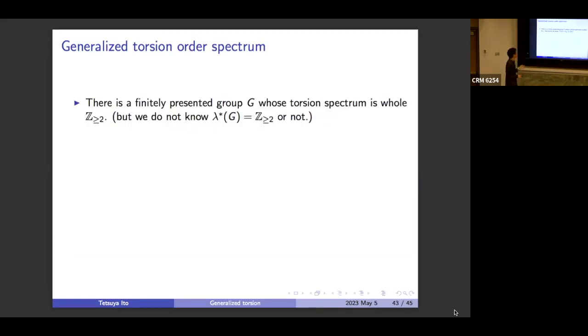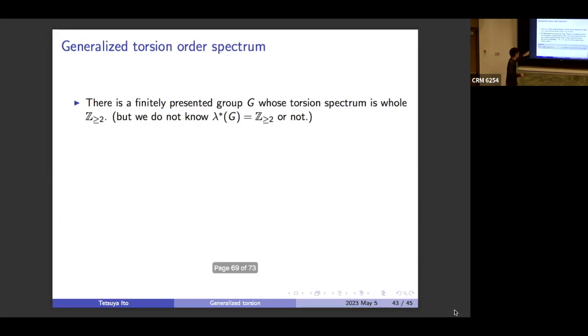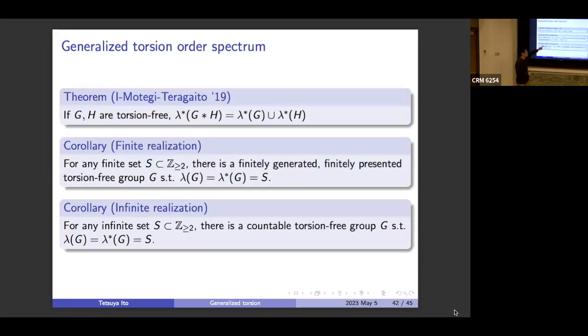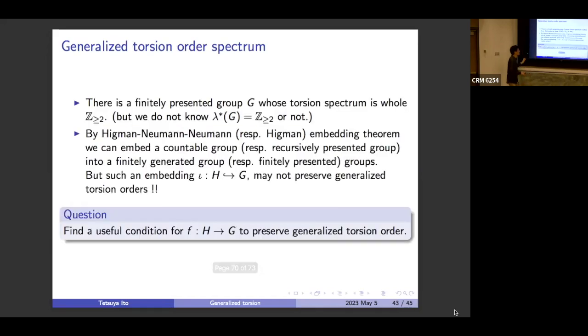Also, for the torsion spectrum, there is a finitely presented group whose torsion spectrum is that of Zn. And by the Higman embedding theorem, we can take an embedding. So by taking an embedding of such a group, presumably we are able to realize the generalized torsion spectrum for finitely generated groups, but the problem is that an embedding may not preserve the generalized torsion order.